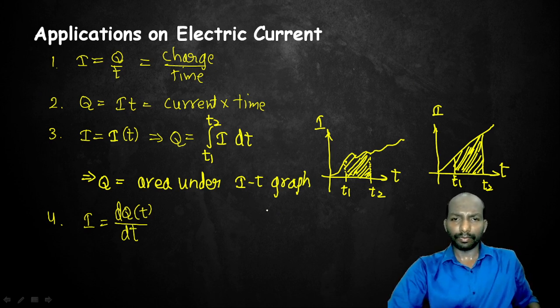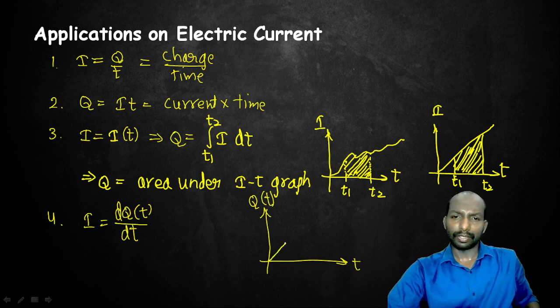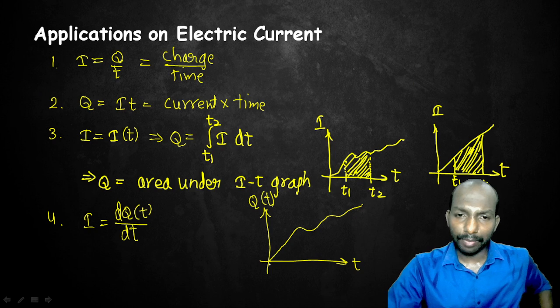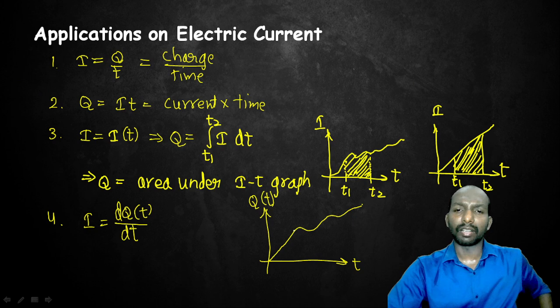Suppose we have a graph of the amount of charge crossed with respect to time, and the graph is like this. That means at initial time 0, the amount of charge crossed is 0. As time passes, the amount of charge also varies.